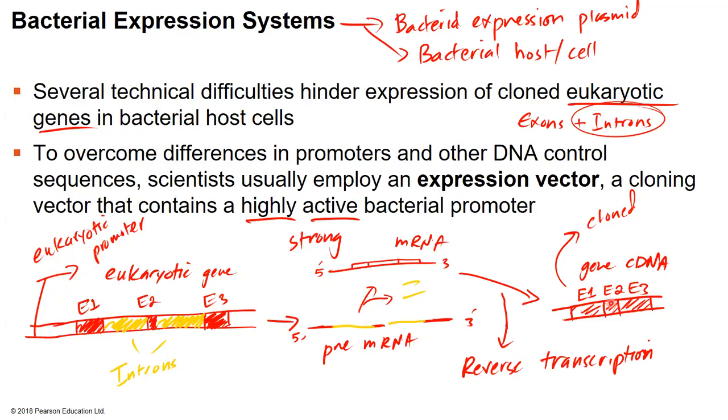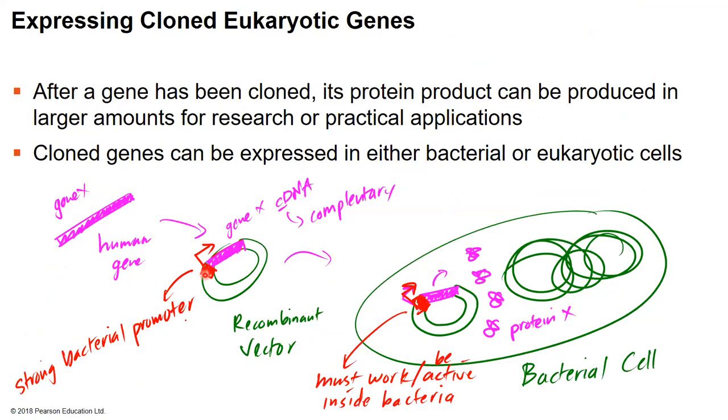We have to take the cDNA and put it inside a vector, so we clone the gene or the cDNA downstream of a strong bacterial promoter, so that we will be sure that this promoter will be active inside the bacteria, and it will be able to transcribe the cDNA, and now we have protein X produced inside bacteria. Okay?